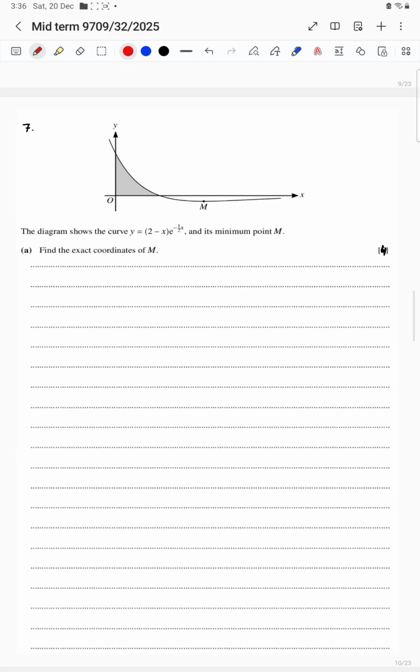Okay guys, the question number 7 says the diagram shows the curve y equal to 2 minus x times e raised to the power minus 1 by 2 x, and its minimum point M. Minimum point means you have to find dy by dx, and that's equal to 0. The exact coordinates of M we have to calculate.